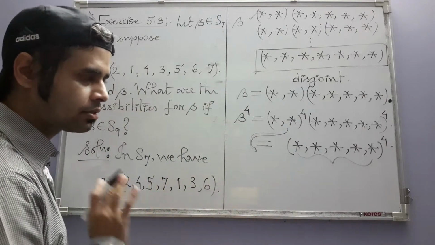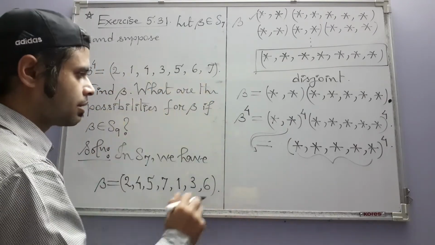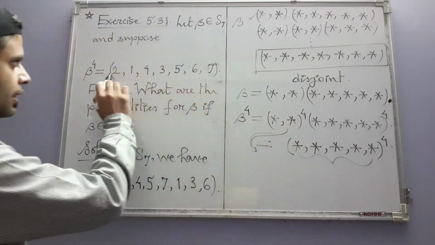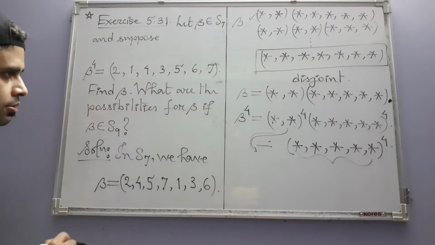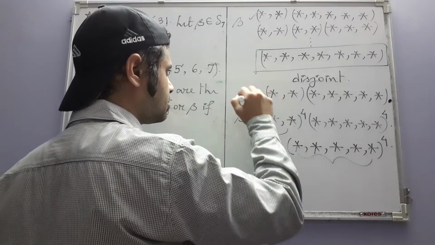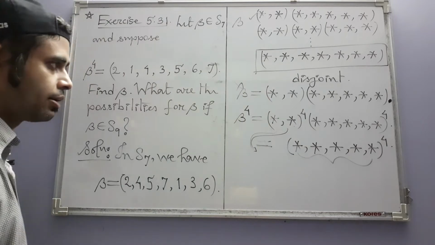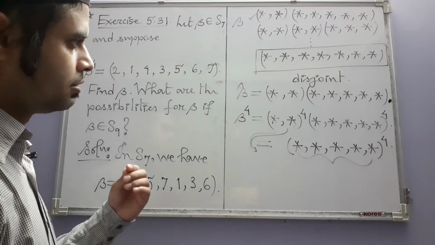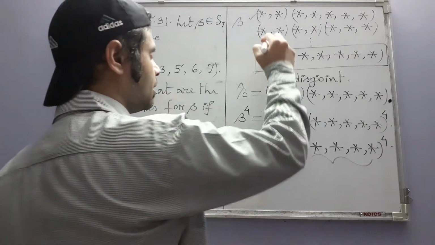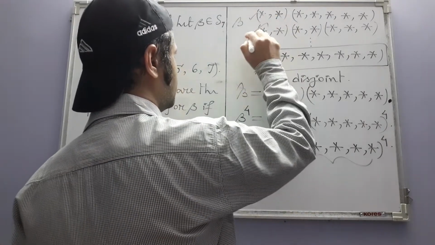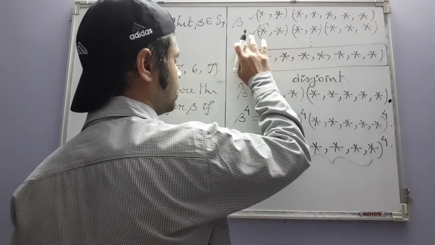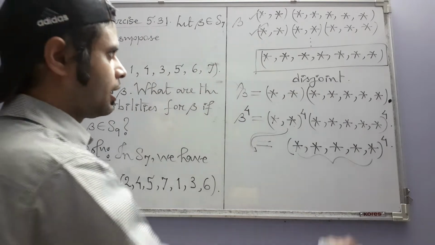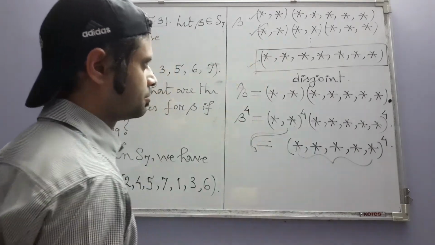Whatever it ultimately turns out to be, it will never be this 7 cycle, simply due to the fact that we don't have 2 symbols, and here we have all the symbols. So this is not possible. Beta cannot be a product of a 2 cycle and a disjoint 5 cycle. In a similar manner, you will now be able to rule out the other possibilities in a very easy manner, except this one, of course.